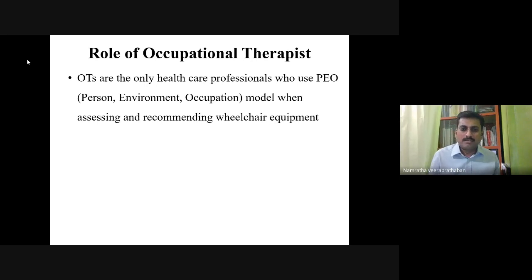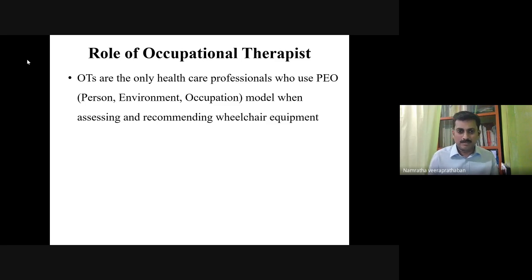Okay, the person domain includes roles, self-concept, cultural background, personality, cognition, physical performance, and sensory capabilities. All those things come under the person domain. If you take environment, the domains include physical environment, cultural environment, social environment, and socioeconomic environment.